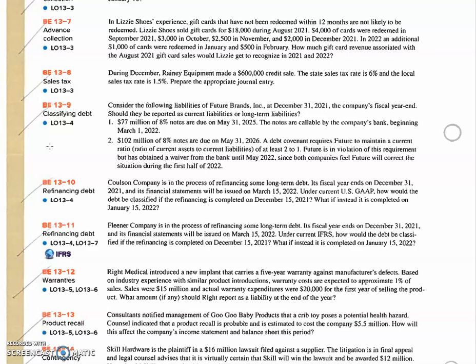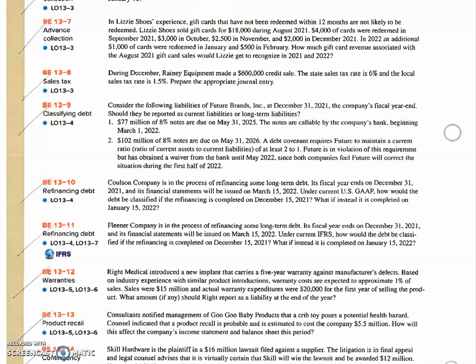So number one, 77 million of 8% notes are due on May 31st, 2025. The notes are callable by the company's bank beginning March 1st, 2022. So at year end in 2021, do we have to classify those as a current liability?